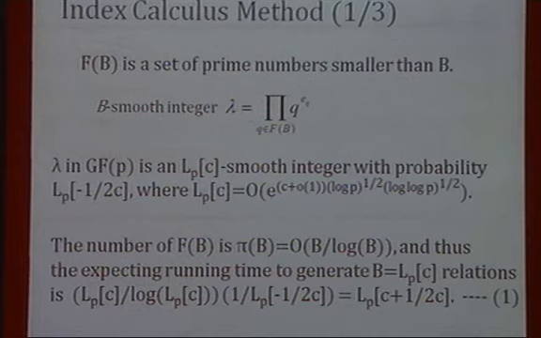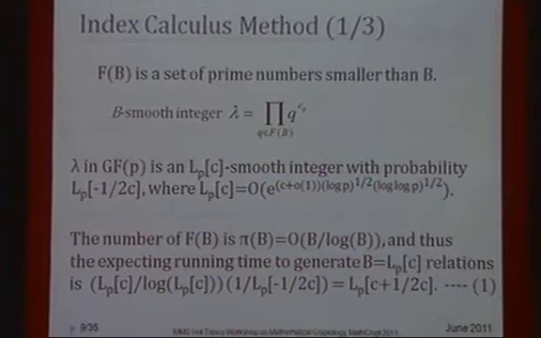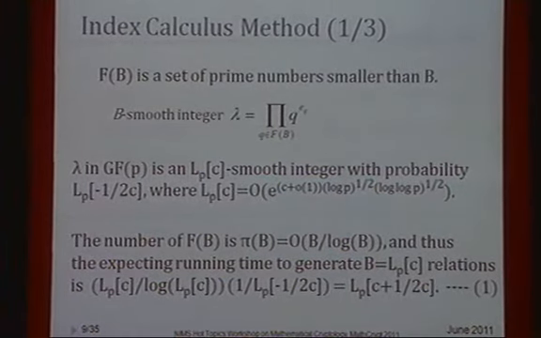Okay, let's move to the index calculus method. When you look at a textbook of cryptography, you sometimes see this algorithm. But this algorithm has a very long history. When I look at references, some papers say the basic idea was developed in the 1920s, almost 100 years ago.